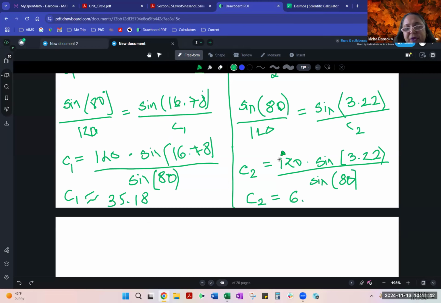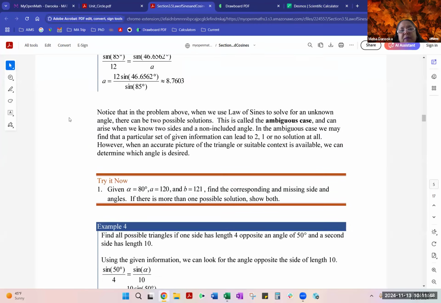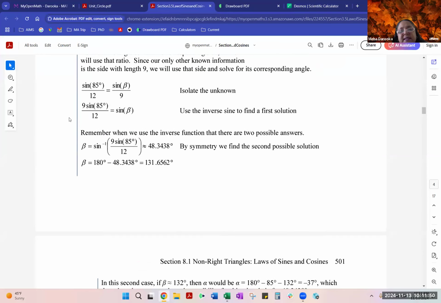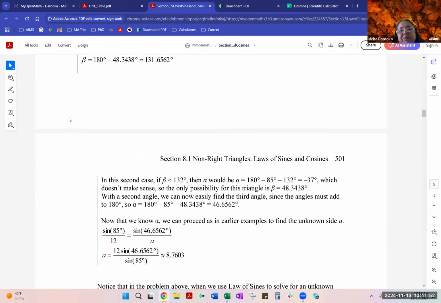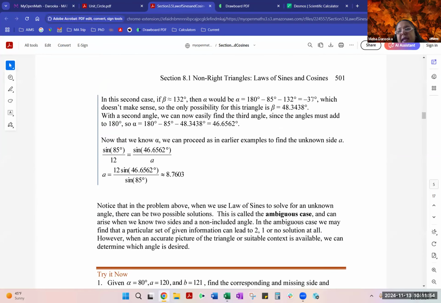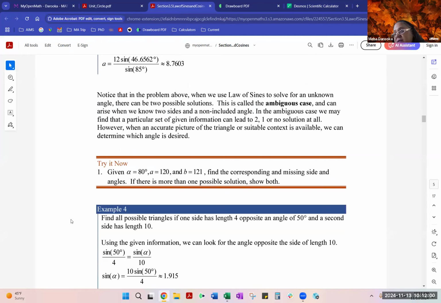So as I was saying previously, we would need to keep both the solutions. We cannot discard any one of them. The situation in example 3 was different because when you went to find that third angle, we got a negative answer, right? So we had to discard it. But in this example, we do actually have to keep both the solutions.